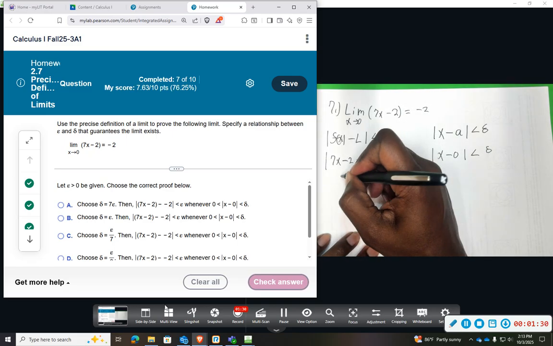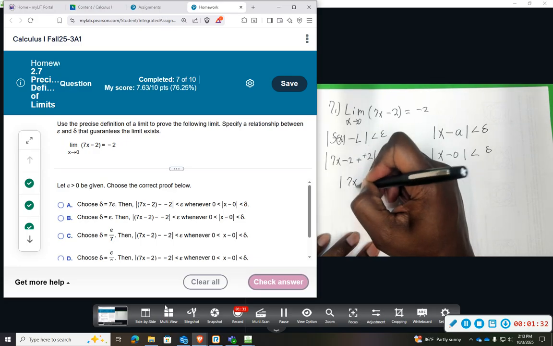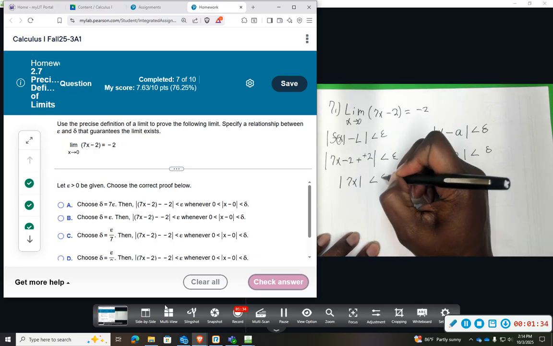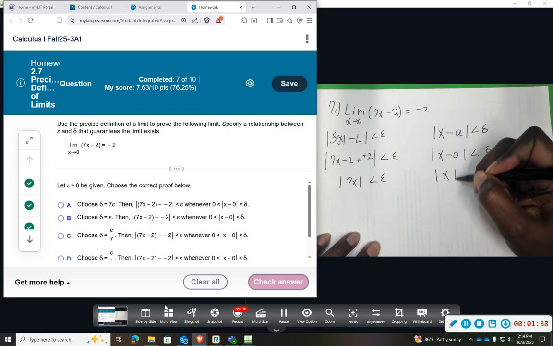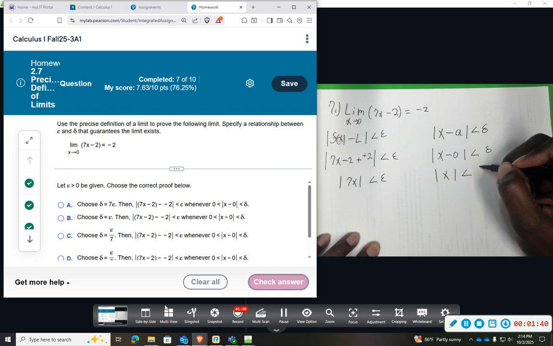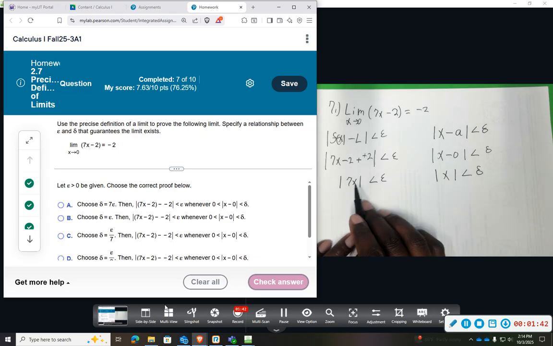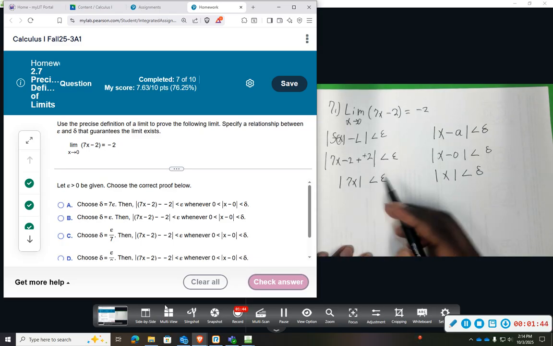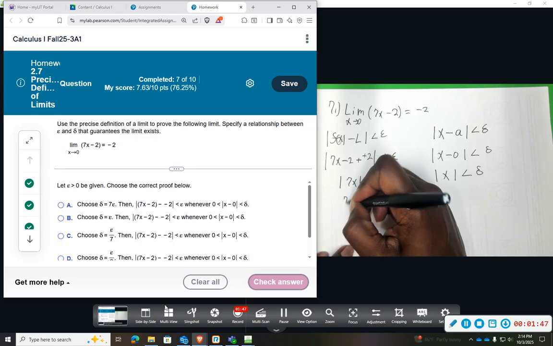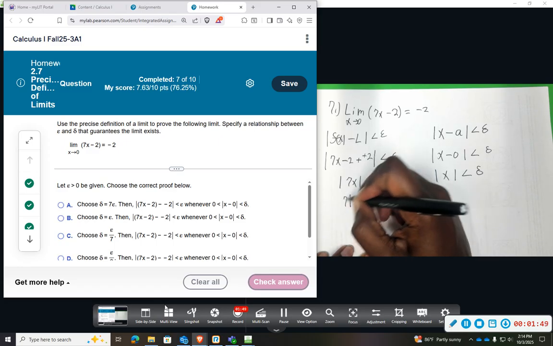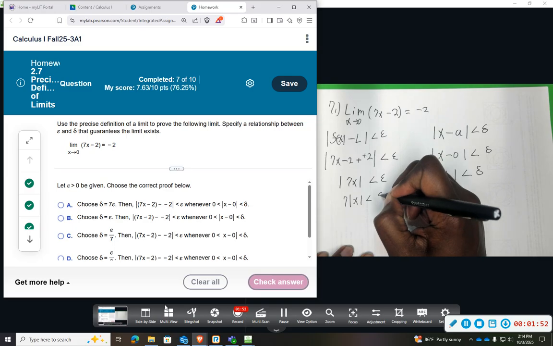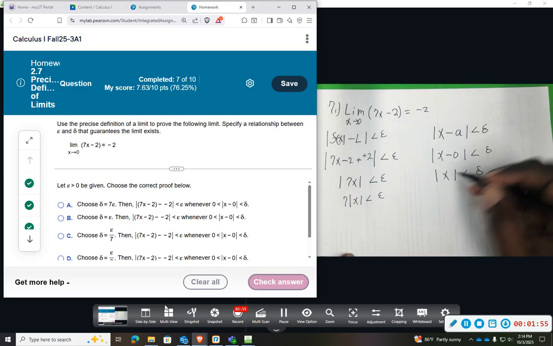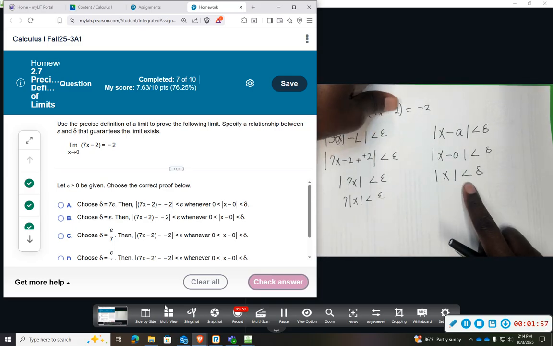So we have absolute value of 7x less than epsilon, and then we just have absolute value of x is less than delta. Alright, so 7 is a whole number, so we can pull that out. We can just say 7 is positive, absolute value of x is going to be less than epsilon, and then we just have the absolute value of x is still less than delta.